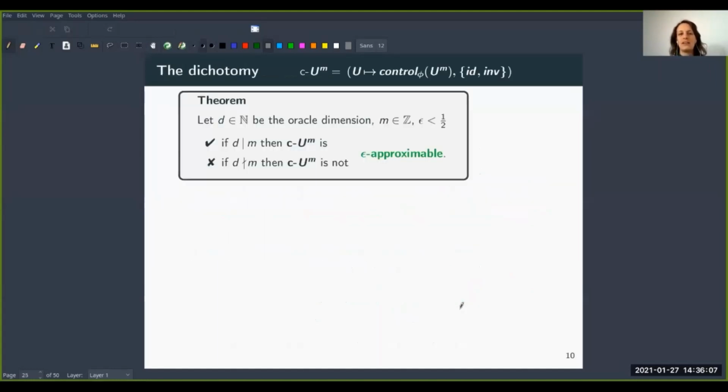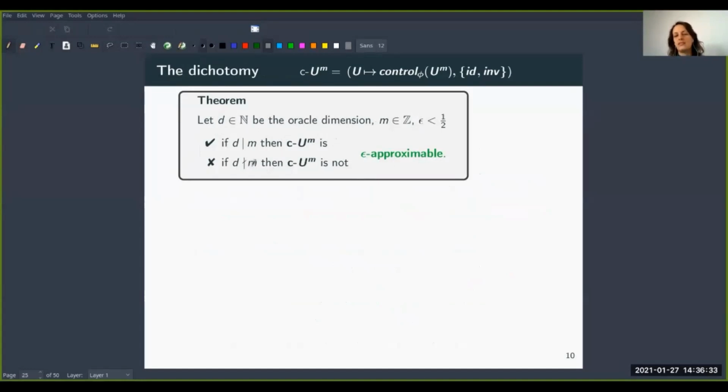Then our main result is the dichotomy theorem. It's about the family of tasks CUM, and is the following. Let d be the dimension of the oracle, m an integer, and epsilon smaller than half. If d divides m, then CUM is epsilon approximable.